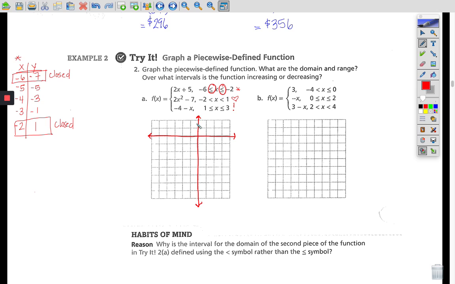So -6, -7. Close circle. -5, -5. -4, -3. -3, -1. And -2, 1.